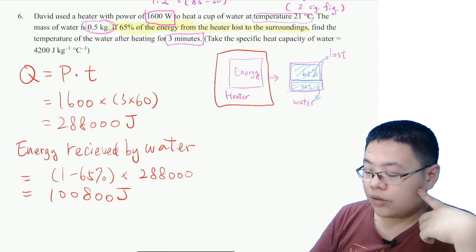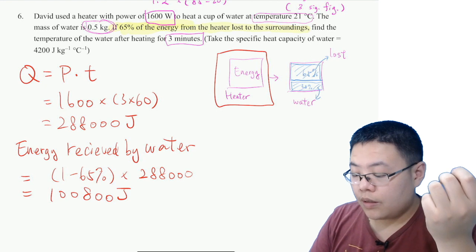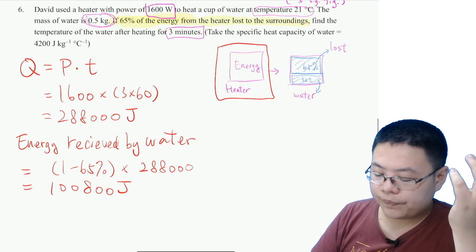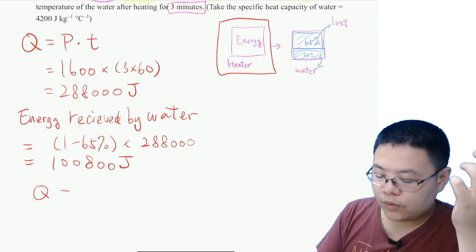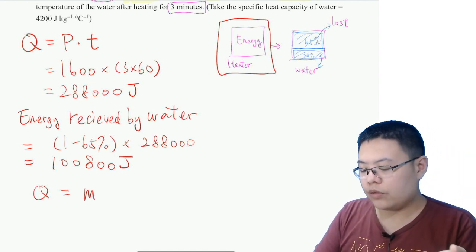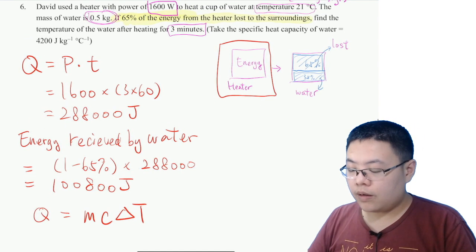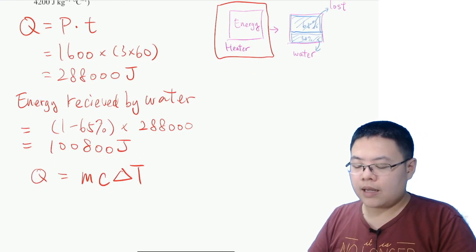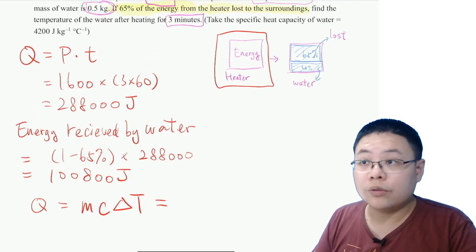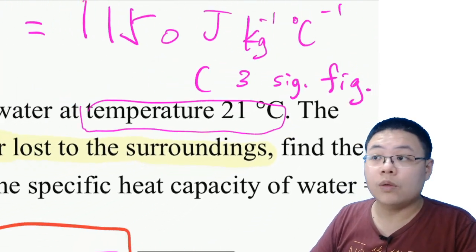And then in order to calculate the final temperature, we have to make use of the equation Q equals, because heating up, so we will have to use mc delta T. However, what we are after is the final temperature because the initial temperature is 21 degrees Celsius.